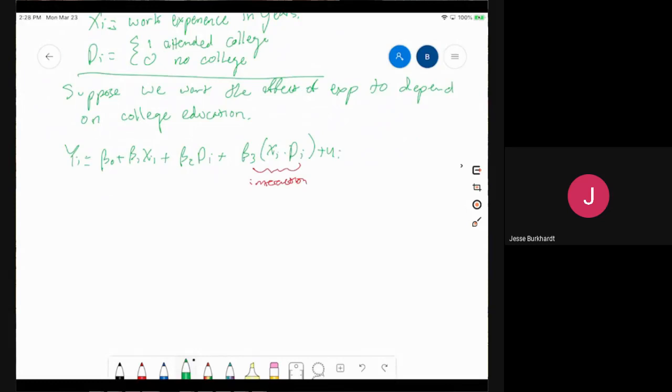Let's say we want to figure out the effect of an additional year of experience. We'll take the marginal effect, the derivative. This is equal to beta 1 plus beta 3 times di. When di equals 0, that's just beta 1. When di equals 1, then it's beta 1 plus beta 3.